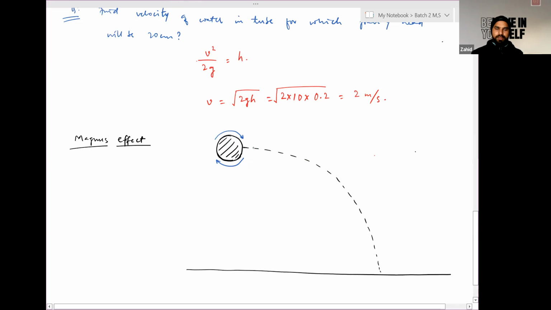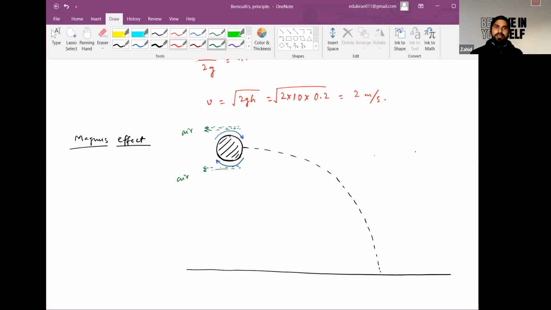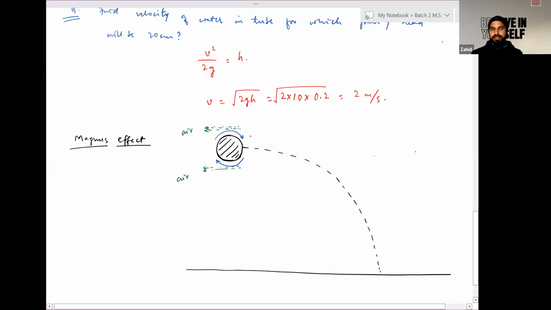Suppose this body is projected horizontally, so air around it must be in opposite of its motion. Similarly, at this point, it will be along this direction. So this is movement of air at this instant. Now for the upper part, velocity of particle is in clockwise direction and velocity of air at this point is in anti-clockwise direction.